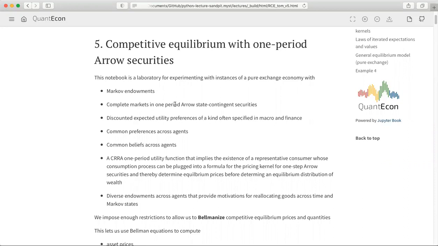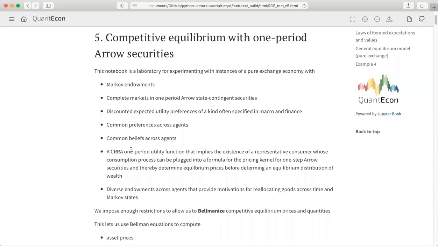Complete markets, one-period Arrow securities, state-contingent securities, kind of standard preferences. Everybody has the same preferences. They have the same beliefs. They have the same discount factor. We made CRRA utility functions because we wanted Gorman aggregation.